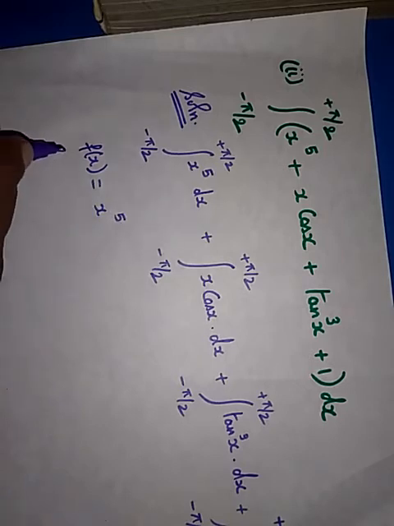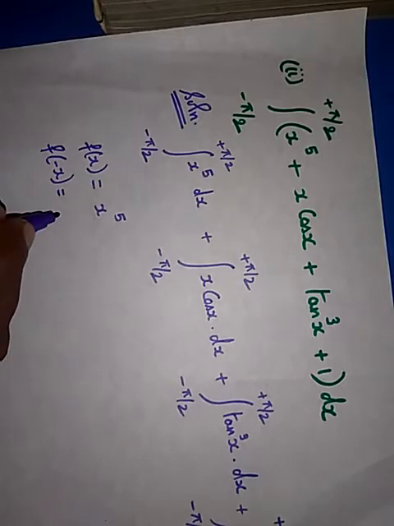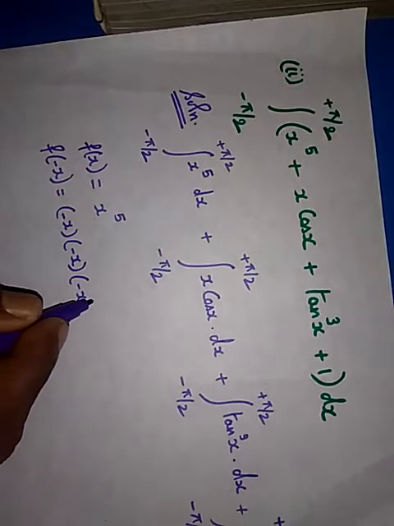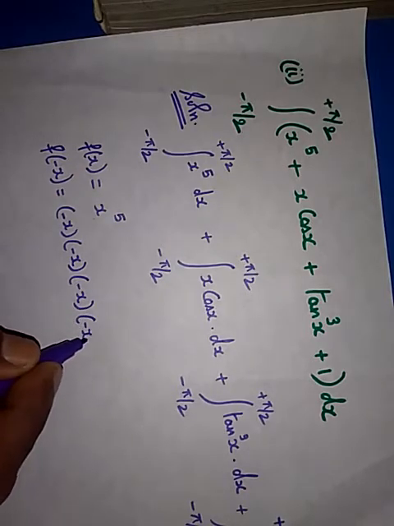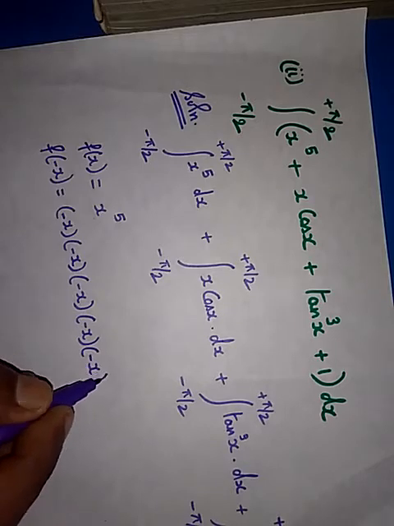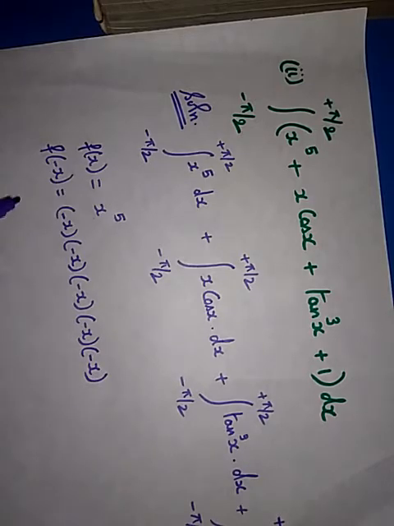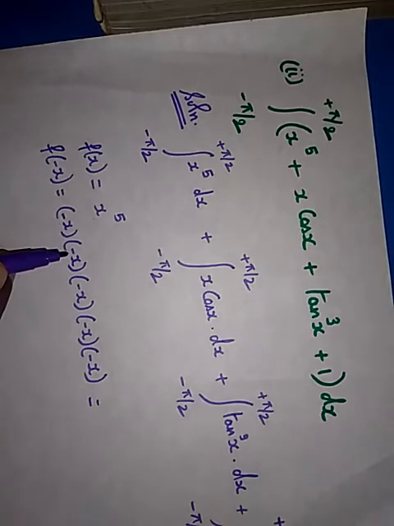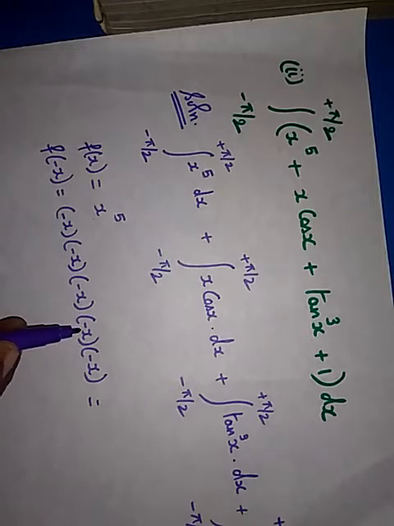Next step, f of minus x. That means minus x into minus x into minus x into minus x into minus x. Now this will give you minus into minus plus, plus into minus minus, minus into minus plus, plus into minus minus.